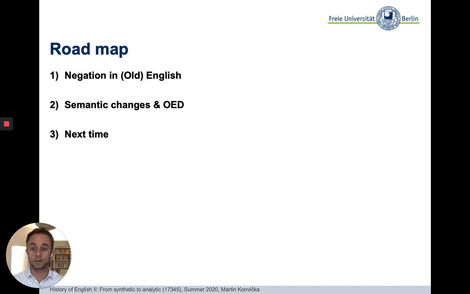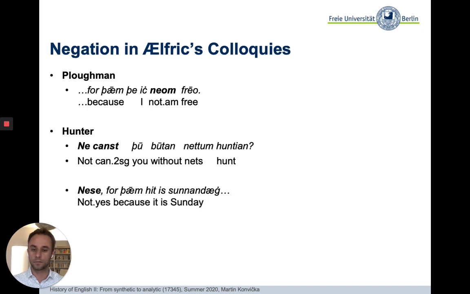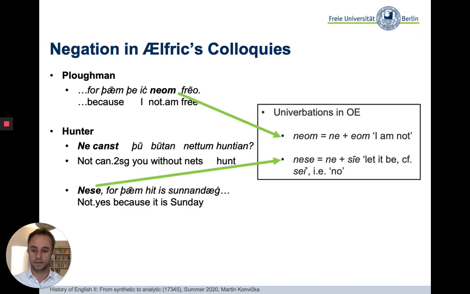Right, so let's have a look at the first topic, which is negation in Old English and in English in general. Those of you who are already familiar with the text of the Colloquies that we've been working with might have noticed that there are these negative sentences, right?